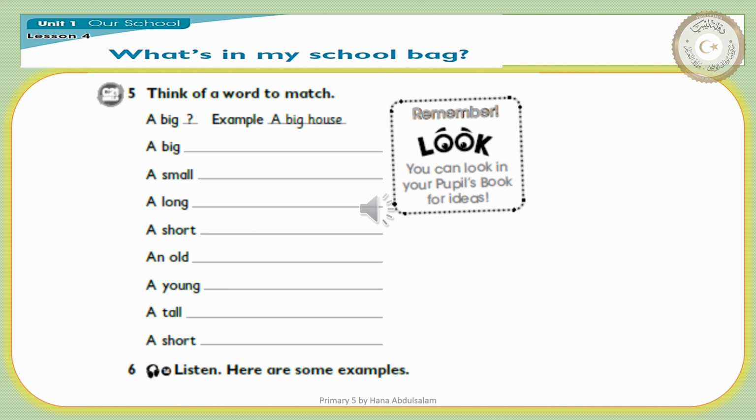A short pencil. A short tail. An old dress. An old book. A young cat. A young girl. A tall tree. A tall man. A short woman. A short giraffe.